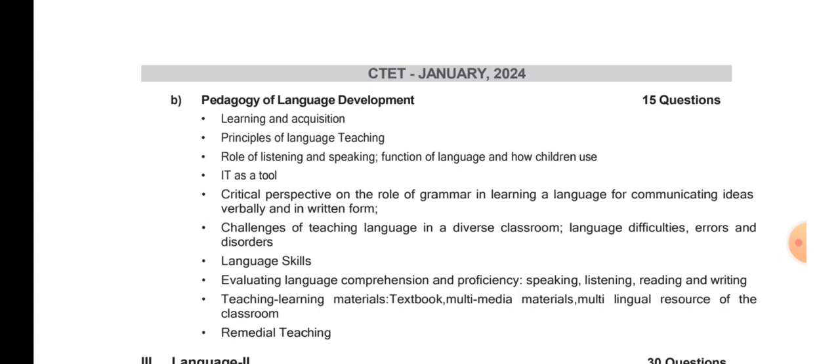The challenges of teaching language in a diverse class, language difficulties, errors, and disorders. Now, what is this? This is talking about language diversity. As we know, India is a diverse country, right? So we believe in unity in diversity, right? So we have diverse culture, which means the children are coming from different family backgrounds. They are coming from Khasi backgrounds, Garo backgrounds, Bengali backgrounds, Assamese backgrounds, right?